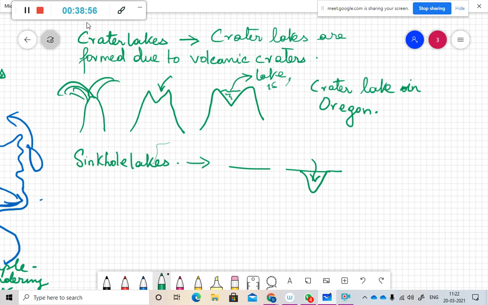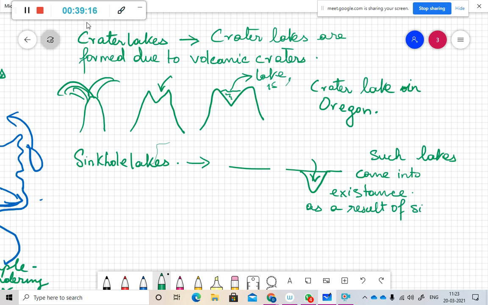So such lakes come into existence as a result of sinkhole activity. Then lakes are formed as a result of erosion.